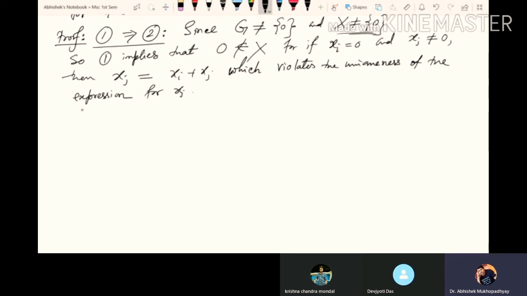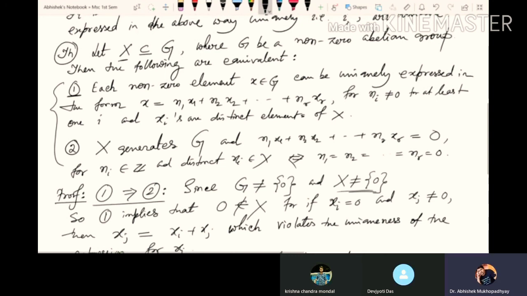Okay. Now, since we have assumed 1, so 1 shows that the set X generates the group G. Since 1 states that every non-zero element x can be uniquely expressed in this way.